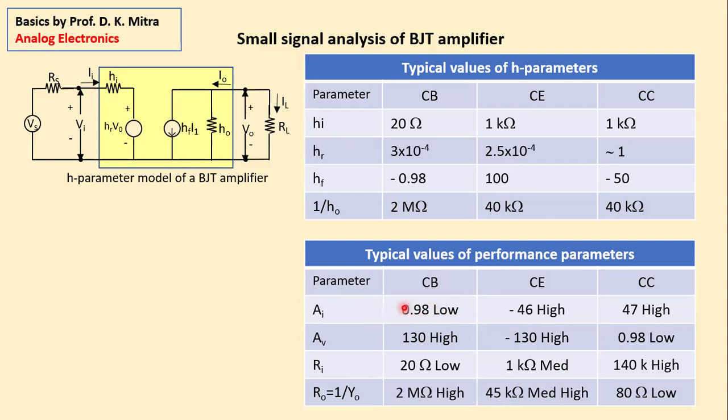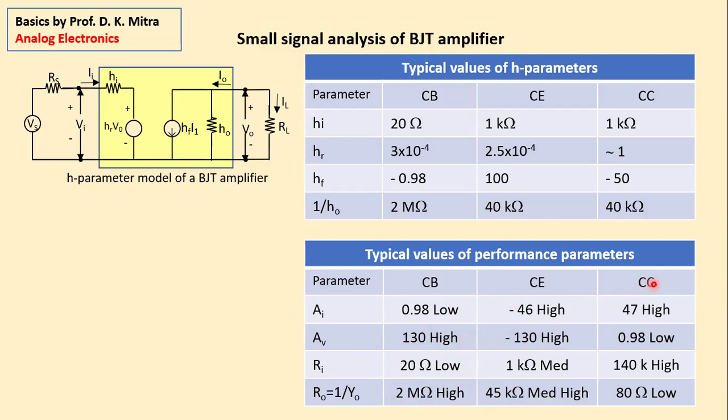But the common base circuit is so designed that voltage gain is high, same as the common emitter mode. Common base input resistance is really low, only 20 ohm, and its output impedance is much higher than this. So if you talk about the input-output resistance, common base mode is better. And voltage gain is also more or less the same, but current gain is very low.